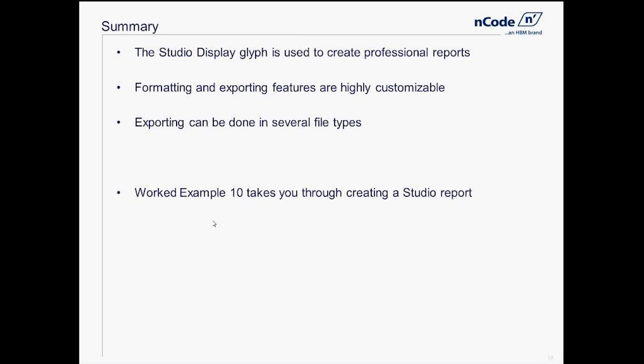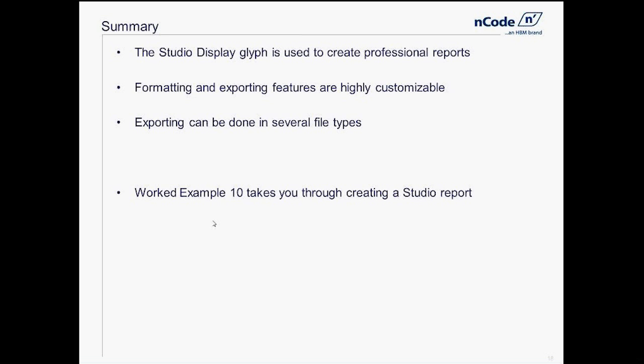The ultimate objective for this Glyph is to create neat and professional-looking reports that can then be exported into some file format that a lot of people could read. We've got a lot of options in terms of how we can format all of the objects, how we can format the page, and we have quite a few options on how we can export the report as well.